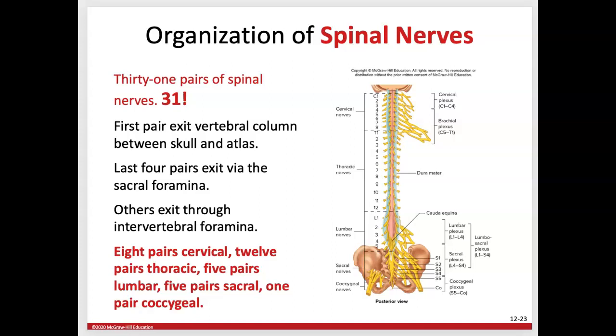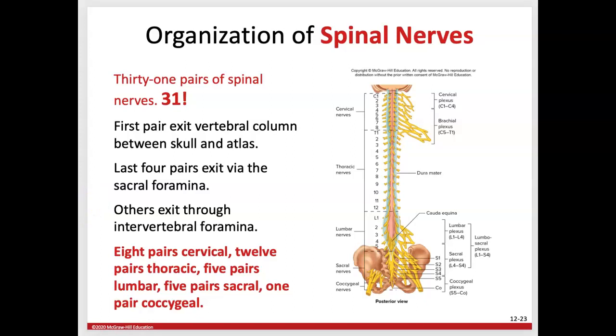Just remember that there are 8 pair of cervical nerves branching out each side, so that would be a total of 16.